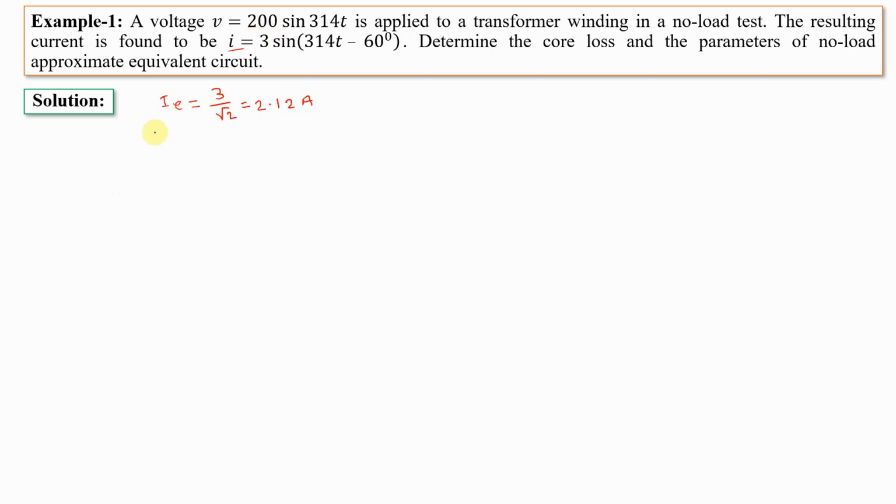If you want to find the core loss, at no load condition the power consumption by the transformer primary side is the total core loss of the transformer.